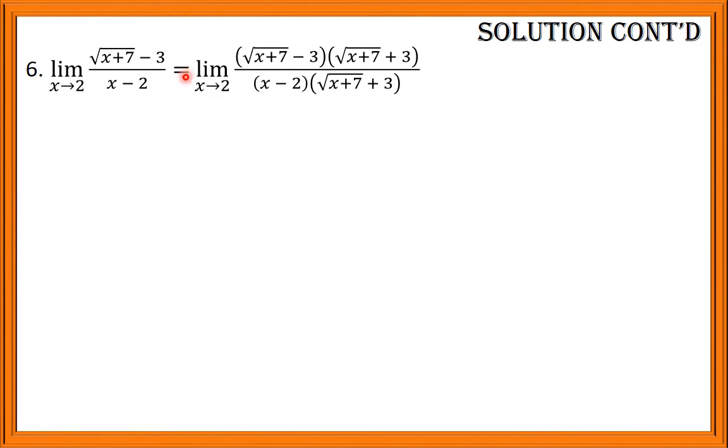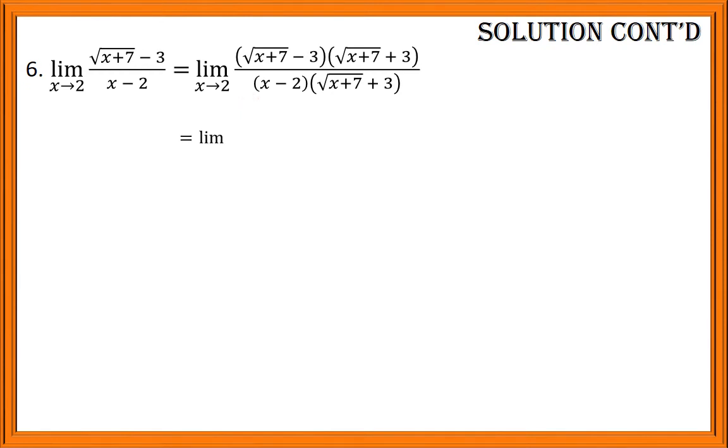So this would then be equal to the limit of, in bracket, square root of x plus 7 minus 3. That is our numerator. Another bracket, square root of x plus 7 plus 3. That is the conjugate of the numerator. Then over the denominator, x minus 2 multiplied by square root of x plus 7 plus 3 as x approaches positive 2.